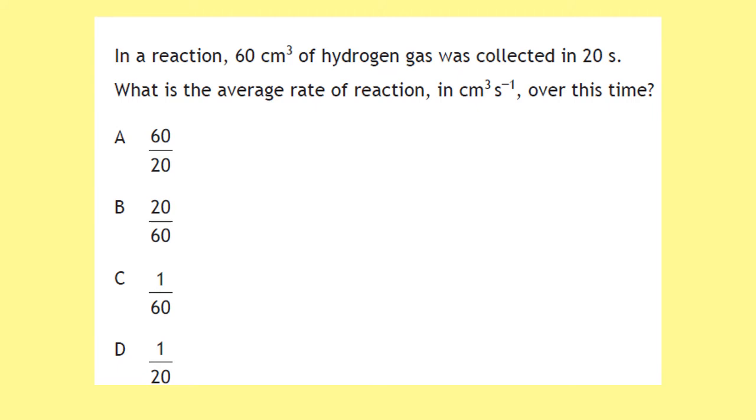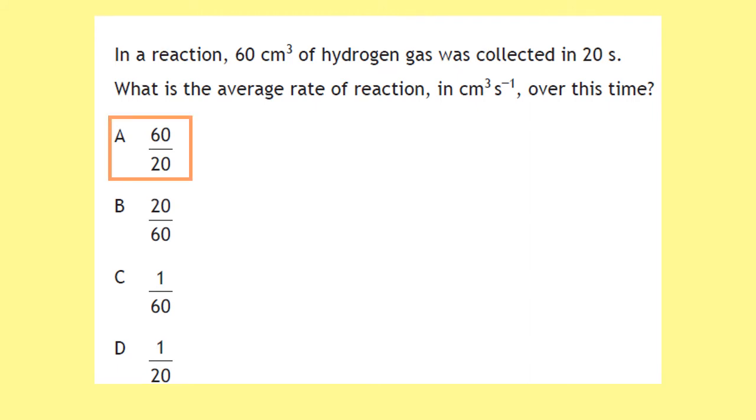Is it going to be 20 divided by 60? 1 divided by 60 or 1 divided by 20? Well, the answer is 60 divided by 20, because remember it is quantity divided by time. So that's 60 is the quantity of gas, 20 is the amount of time.